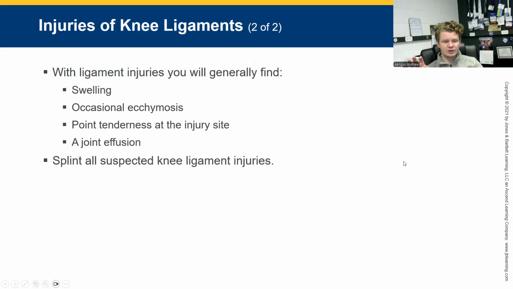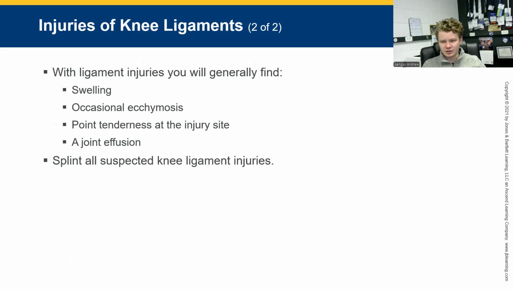Our ligamental injuries, you can look up, and it's not a bad thing to know the different tests you can do on the leg for damage to the MCL, damage to the ACL, and how you can push and pull or orient and twist on the lower leg to determine some of the indicators for damage to those things.